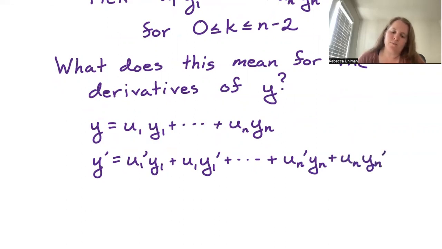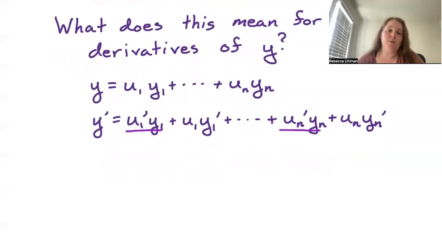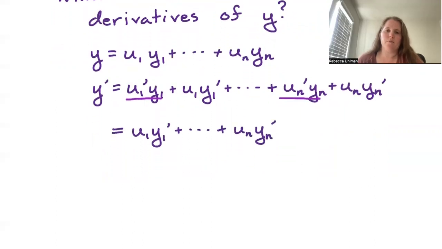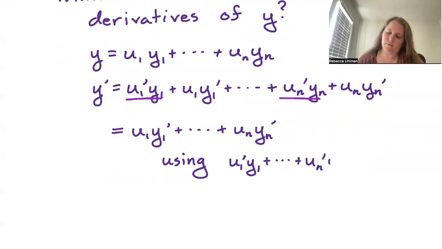Now, all of those terms with the ui prime add up to 0 by our first equation. So this is just equal to u1 y1 prime plus all the way up through un yn prime, using the fact that we are assuming that u1 prime y1 plus all the way through un prime yn is equal to 0.